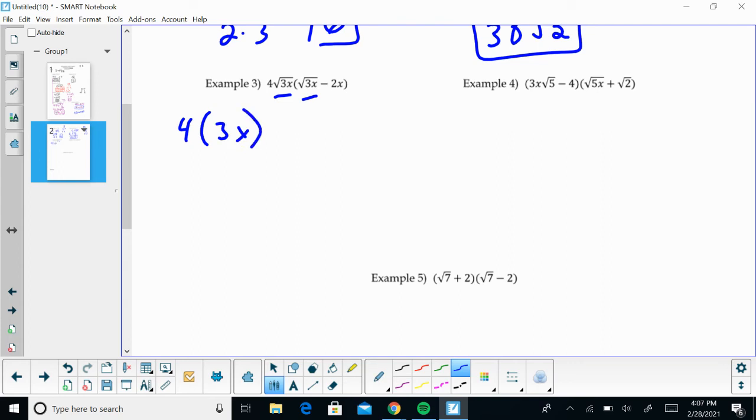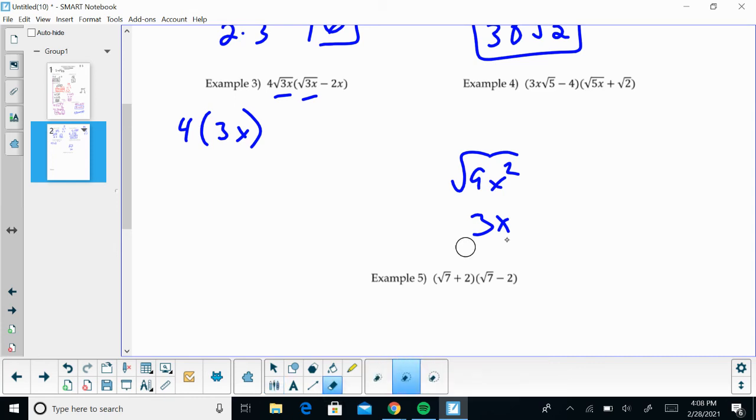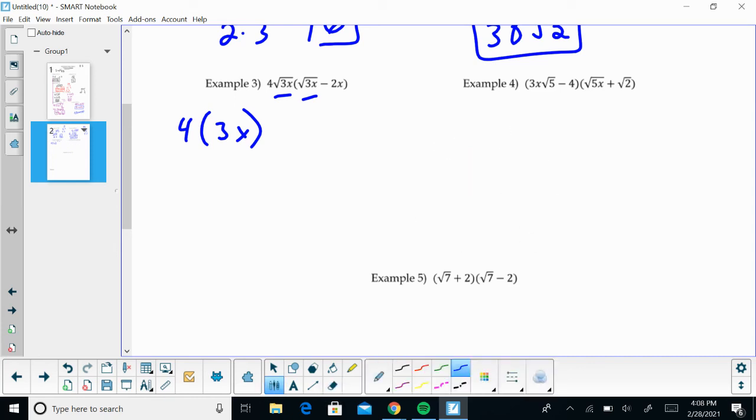So I can skip a simplification step if I recognize that, and I know that the square root of 3x times the square root of 3x, that's the same as root 9 times x squared, which would be the same as 3x. So I know that since I multiplied the same thing twice, I'm just going to have the original amount without the radical.